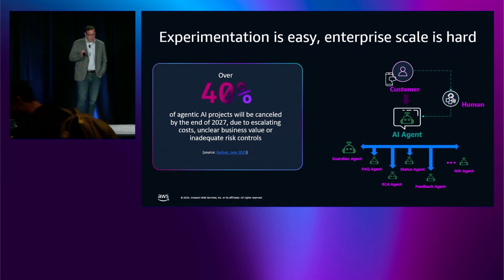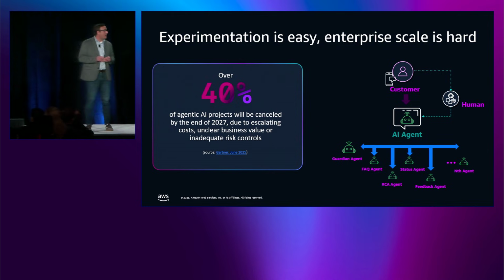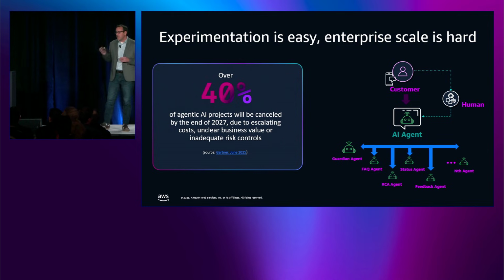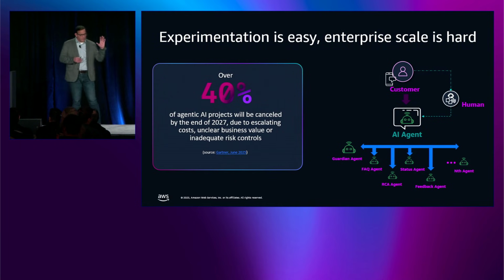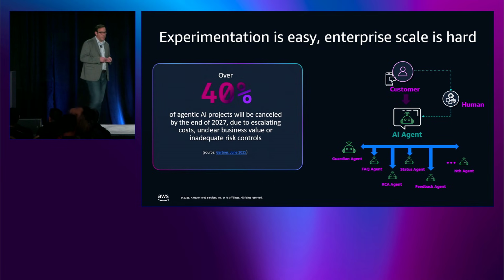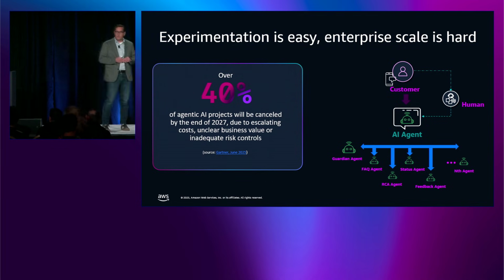Now, I need to have a bit of a reality check here, because over the past year, we've worked with a lot of customers who have attempted implementation of not just agentic AI, but just AI in general. And the stat here is one that I've seen proven out in the field: 40% of agentic AI projects will be canceled by the end of 2027.